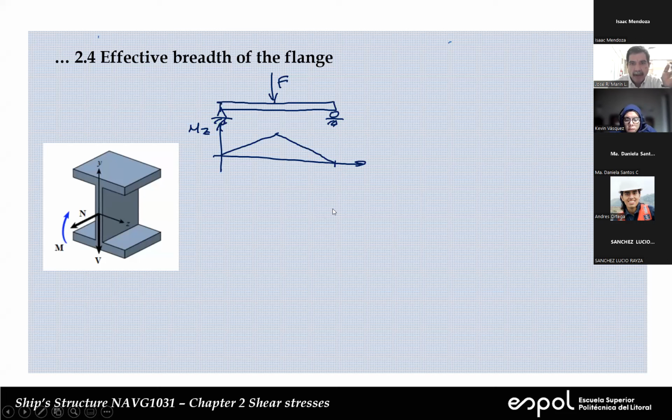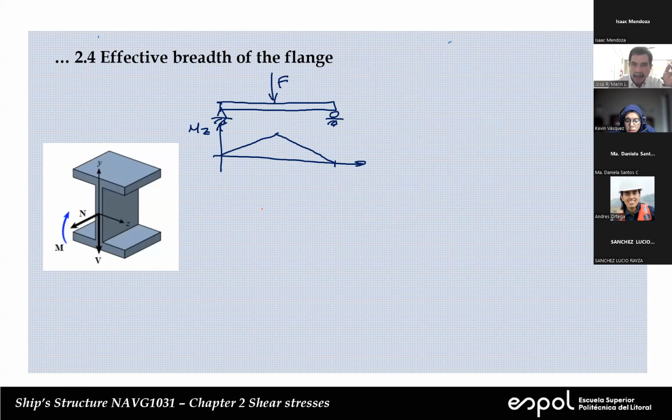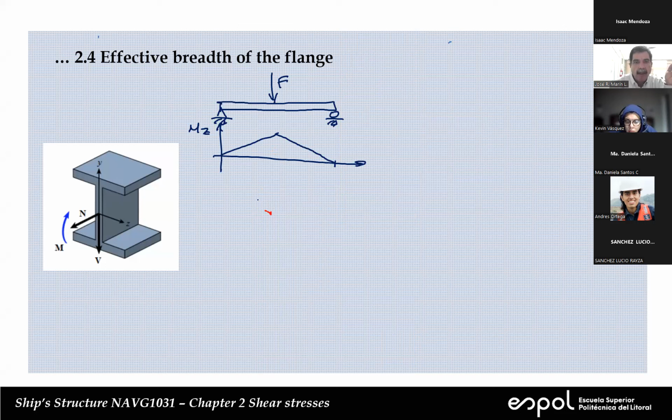Okay, so this is the distribution of bending moment. So this is L, this is L over 2, this is L over 2. Question, how much is going to be CL?